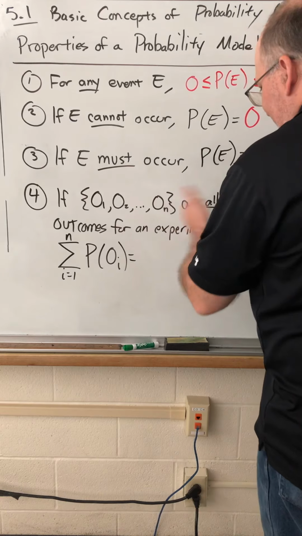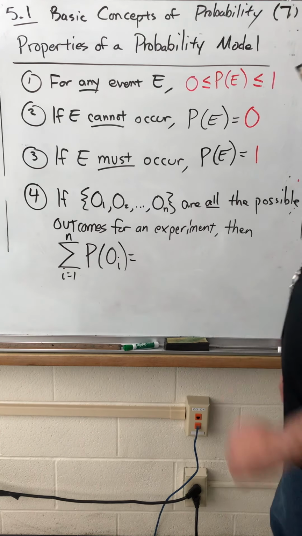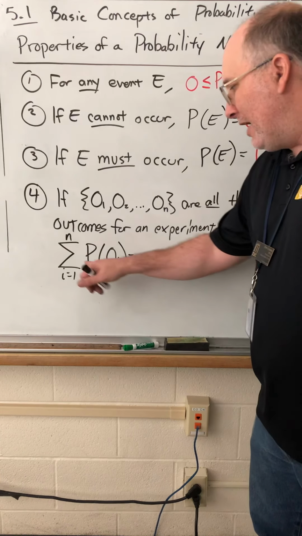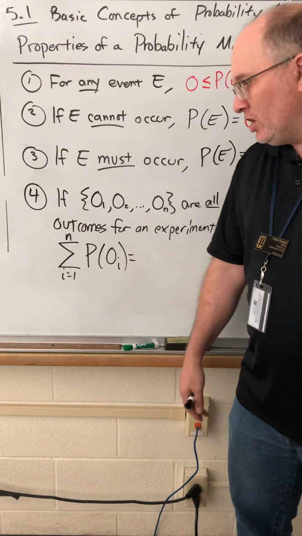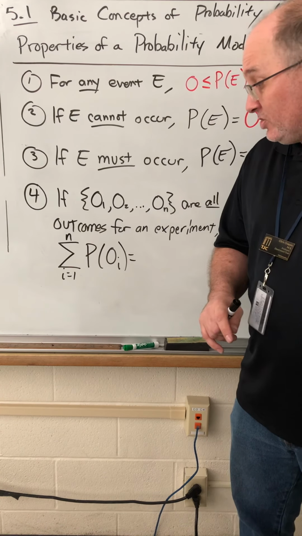But if this list is all of the possible outcomes for an experiment, then what is the sum of all those probabilities? You might remember we had sigma notation representing the sum of some things when we had formulas for mean and standard deviation before the first test.